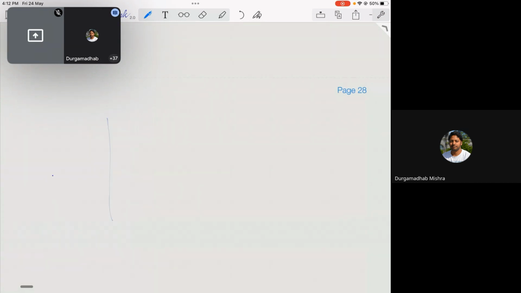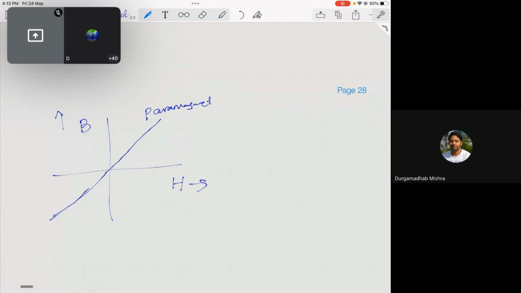So if I plot B and H, where H is my applied field due to this current-carrying wire and B is the magnetic field produced due to this H, then in case of a paramagnet it will be linear.